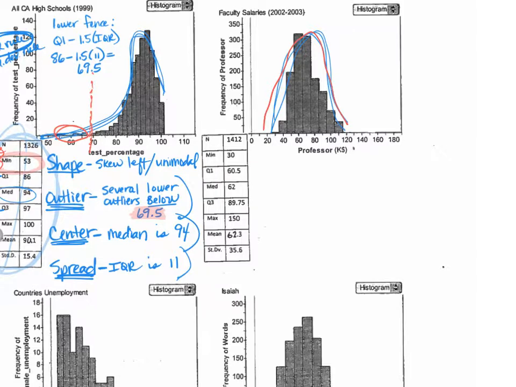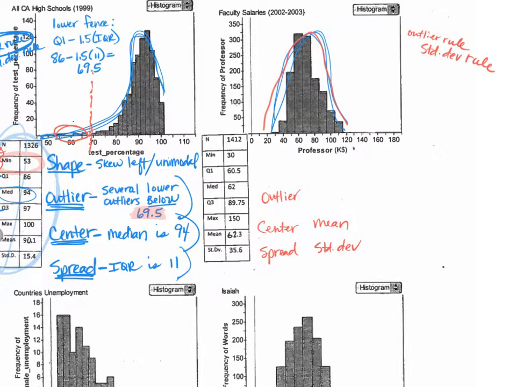Hence, if we were to look for outliers, then since our center will be using mean and our spread will be using standard deviation, we know that our outliers will be using the standard deviation rule. And we're going to talk about that right now on page 20.